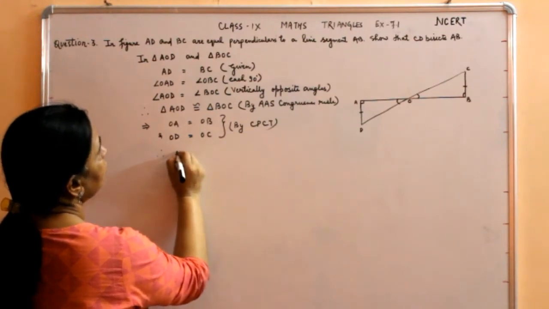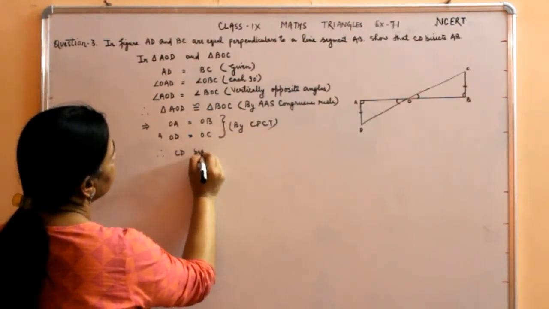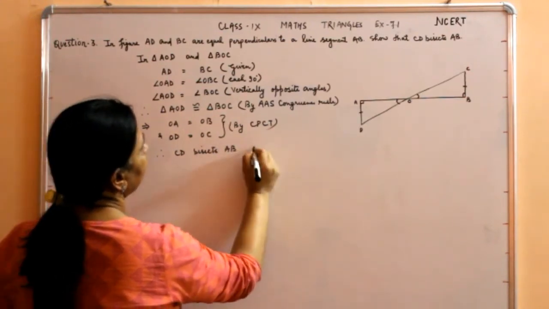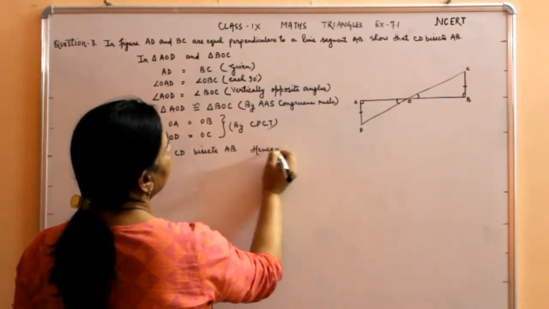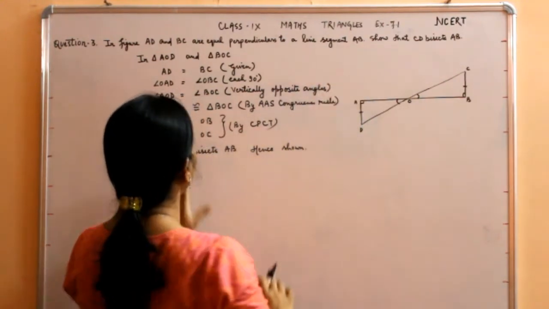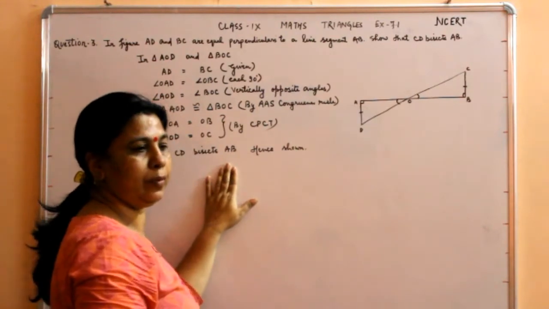Therefore, CD bisects AB. Hence, shown. और यही हमें प्रूव करना था कि CD bisects AB.